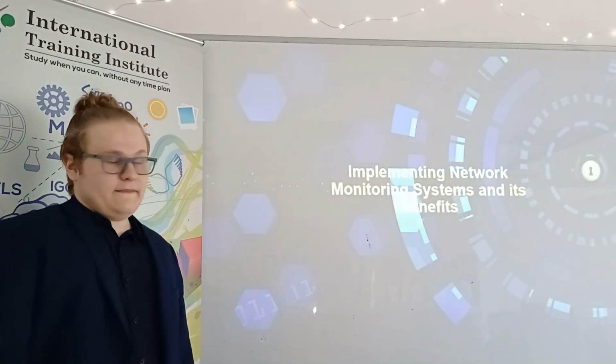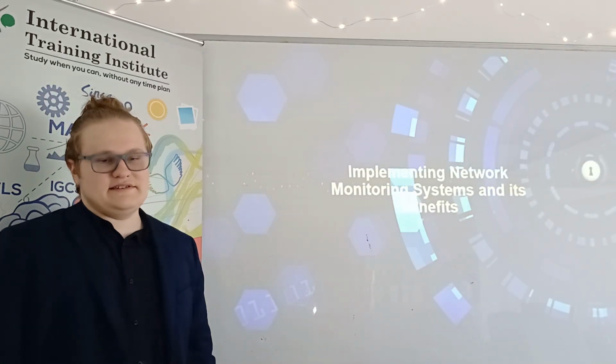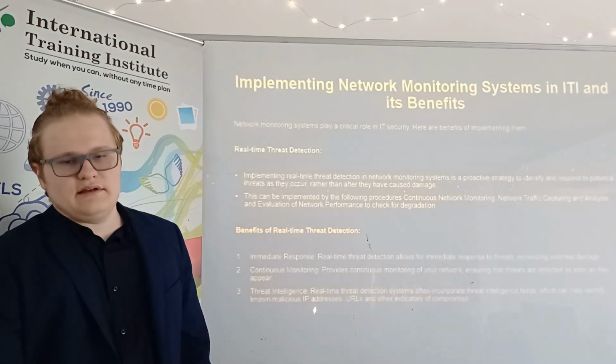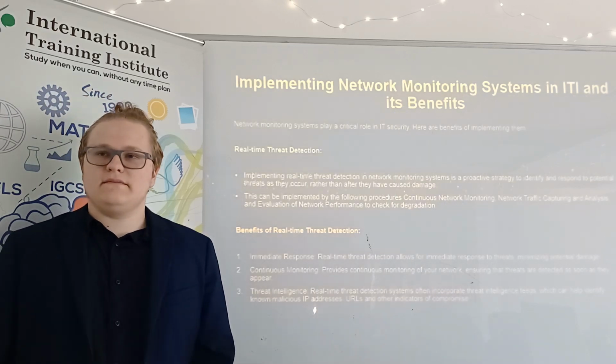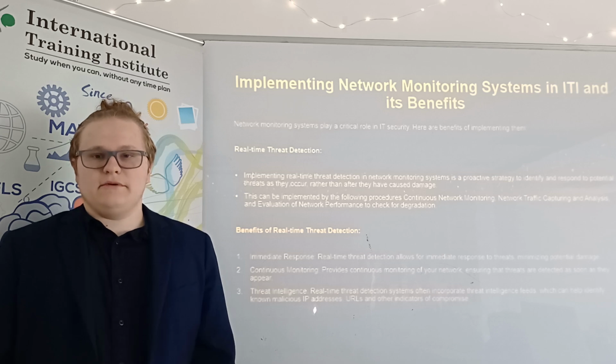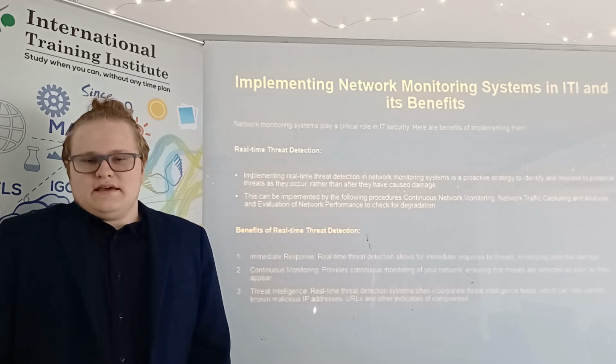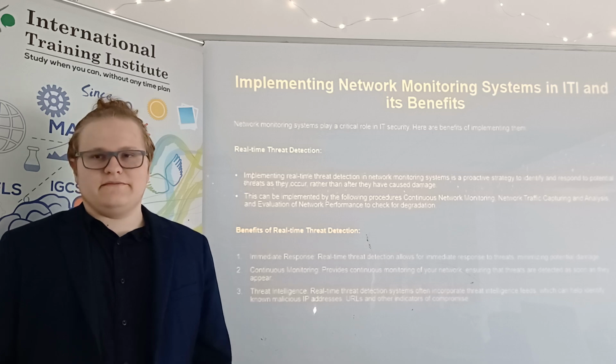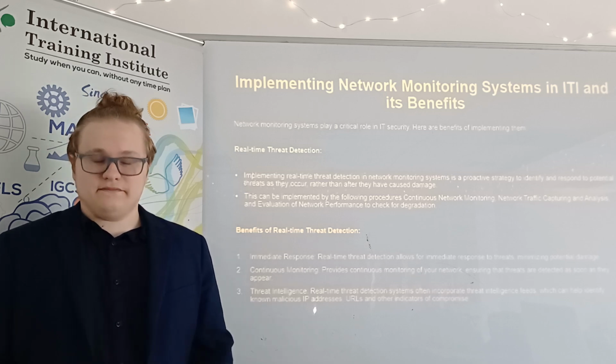And then third, implementing network monitoring systems and their benefits. Network monitoring plays a crucial role in security in the modern day, as implementing them has multiple benefits and it secures the system more.